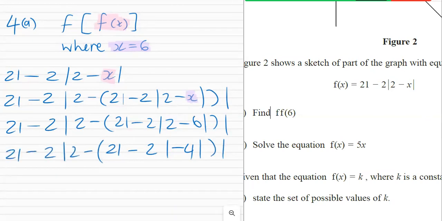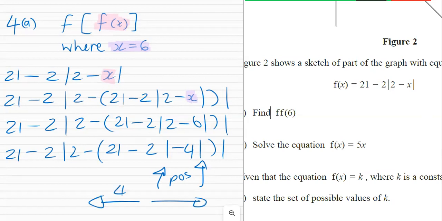When we have a modulus, which is these signs, all they mean is that this will always be positive. Why is that? Modulus has to do with distance, and distance is always positive. It doesn't matter whether you're going to the left or to the right.